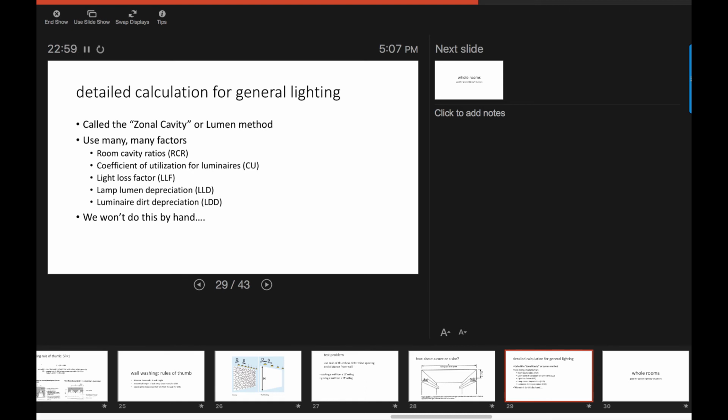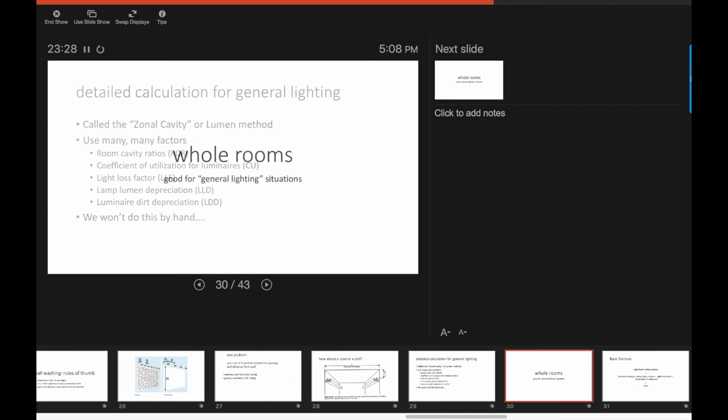And it takes into effect a number of different things: how efficiently the fixtures work, which is called the coefficient of utilization, the light loss factor. A lot of light sources diminish their output over time, lamp lumen depreciation, and then finally dirty light fixtures, luminaire dirt depreciation, which is a real problem with certain types of light fixtures, particularly uplights. If you're uplighting corridors, that's a nightmare.